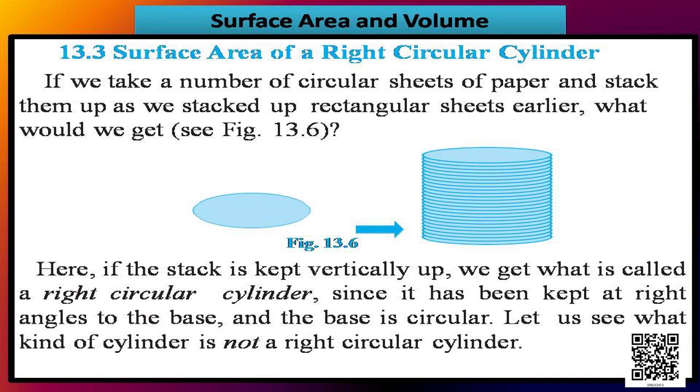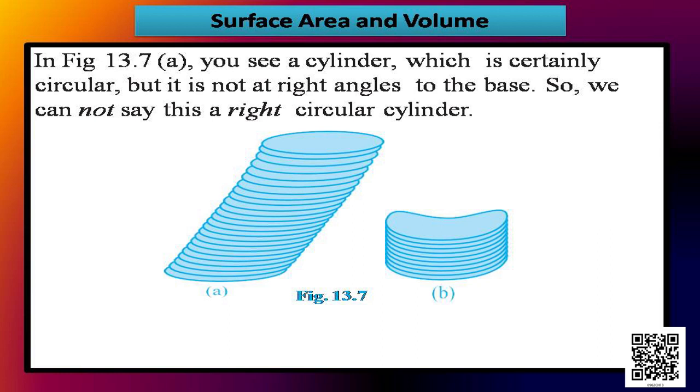Let us see what kind of cylinder is not a right circular cylinder. Students, observe figure 13.7a. You see a cylinder which is certainly circular because its base is circular, but it is not at right angles to the base. So we cannot say this is a right circular cylinder.